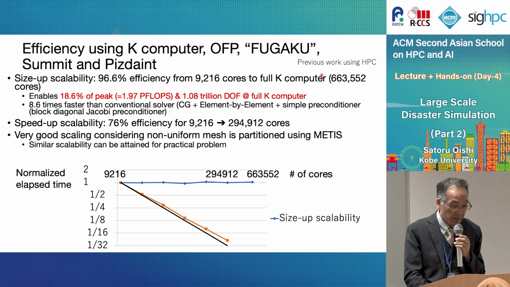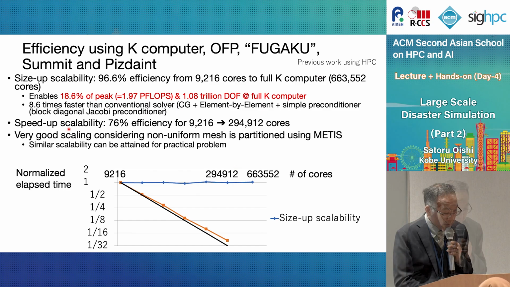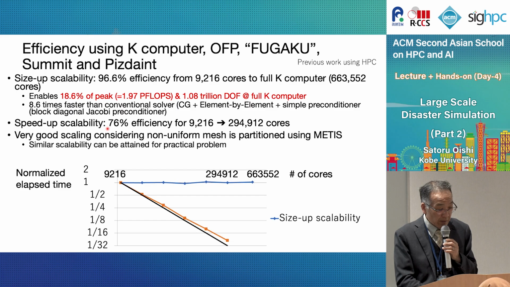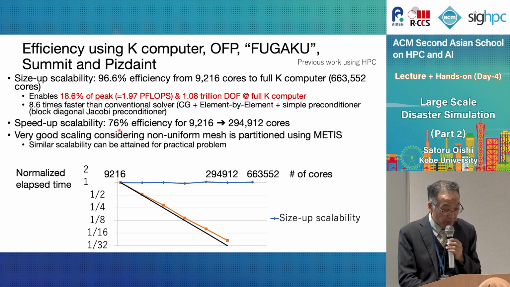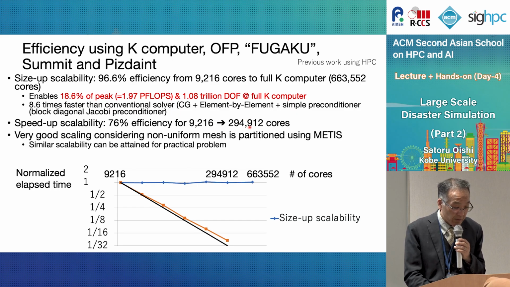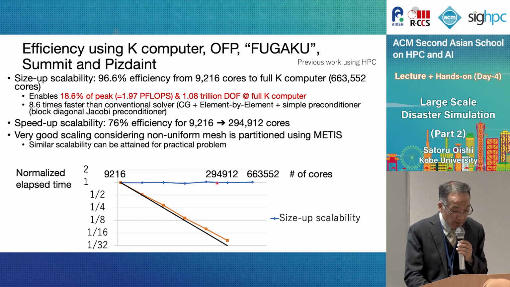So it's a big scalability. And this is speed-up scalability, at 76% efficiency from 9,000 to 294,000 cores. So it scales almost ideally.